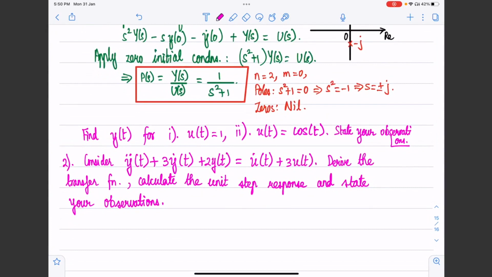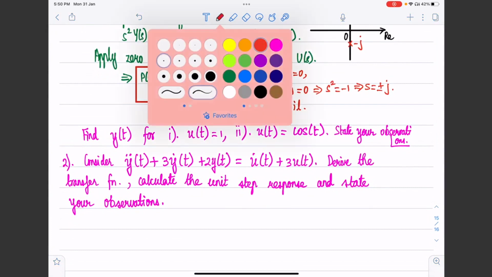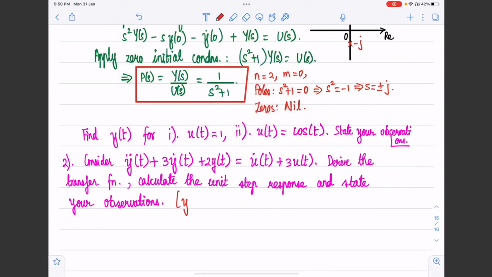We have already done the problem where we solved y double dot of t plus 3y dot of t plus 2y of t equal to u of t, and calculated the unit step response. Now solve this problem.